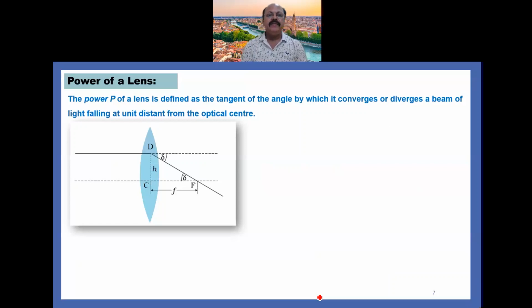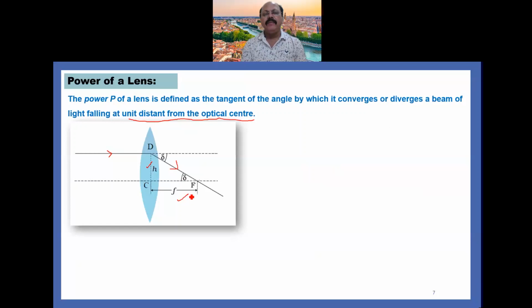So you can see here we are taking a convex lens, and a ray of light incident on this convex lens, after refraction it passes to the focus, but it deviates from its original path by a certain angle, say delta. If this angle is delta, then this angle is also delta, and DC we are representing by h, which is basically equal to 1, which we are saying in the definition, unit distance from the optical center, and CF distance is focal length.